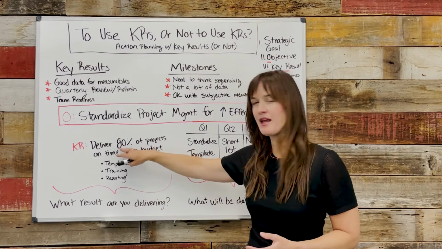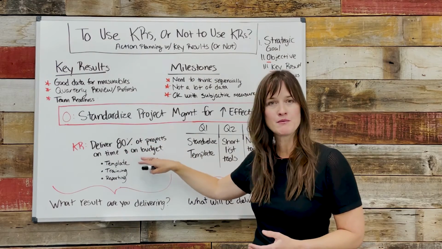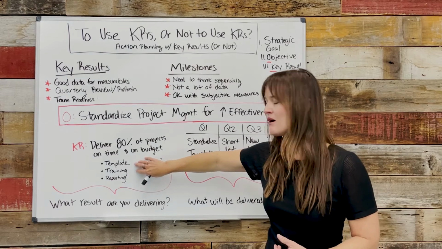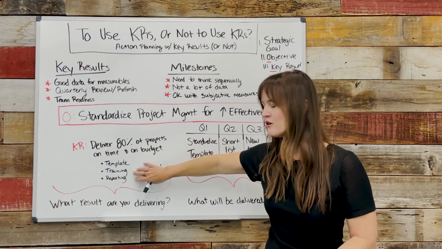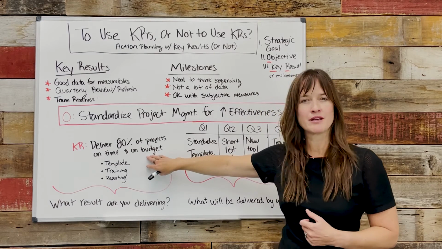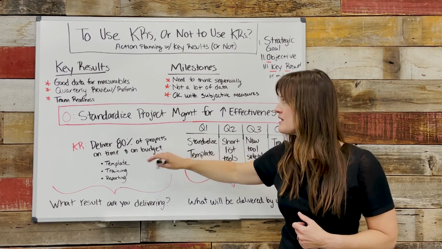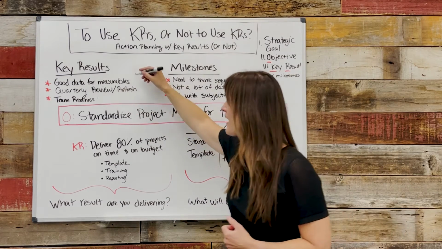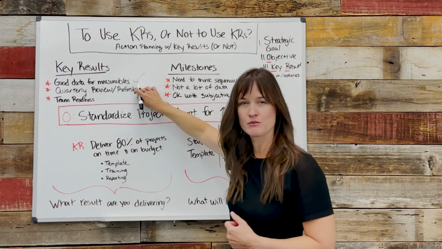The result we're delivering is 80% of the projects on time, on budget. That team might break it down further and say, we need a template, we're going to train some folks, we're going to set up reporting. That's the means by which we're going to deliver against this key result. You can use this approach for action planning when you have good data for measurables.